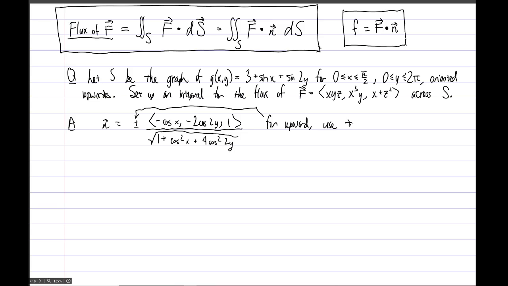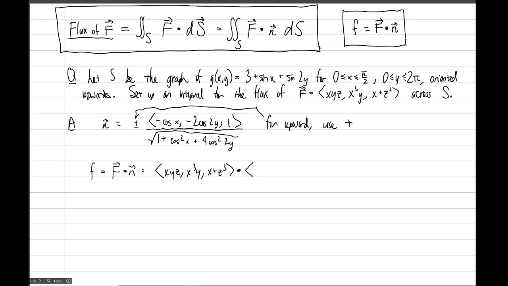Now we need the function that we're going to integrate. That's what we have traditionally called lowercase f, which is the vector field F dotted with n. So in this example, F is xyz, x cubed y, x plus z squared, dotted with n, and n is here with the plus sign.